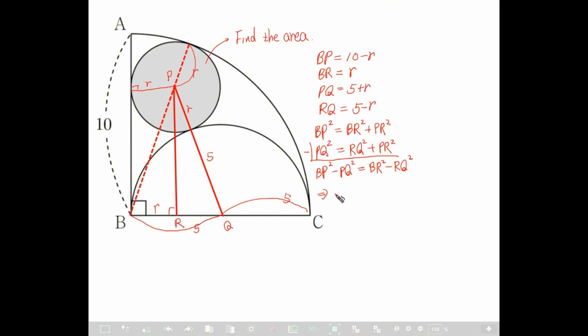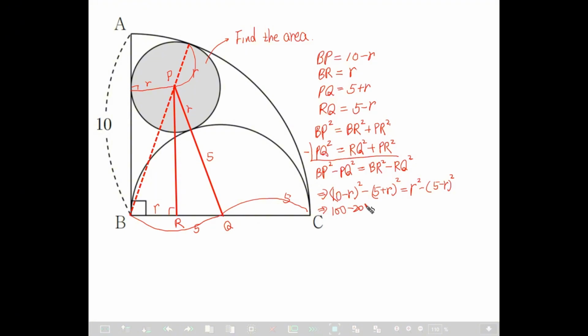BP is 10 minus R, square, minus PQ is 5 plus R, square, equals PR square minus RQ square, so R square minus 5 minus R square.